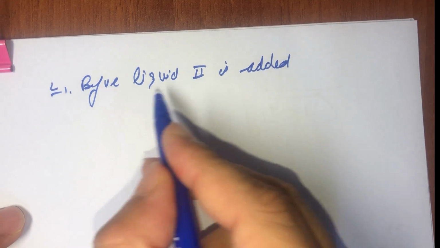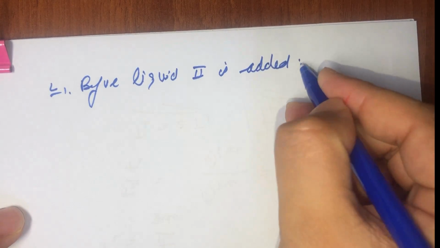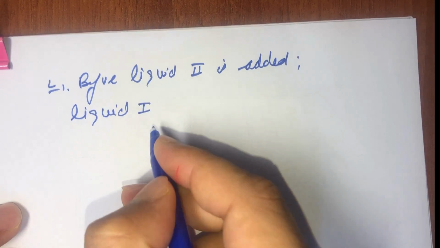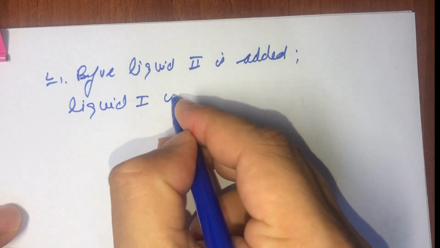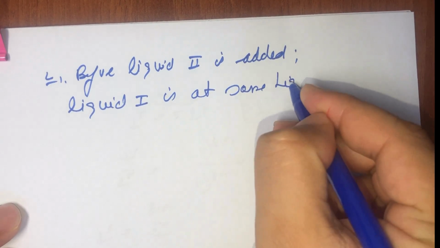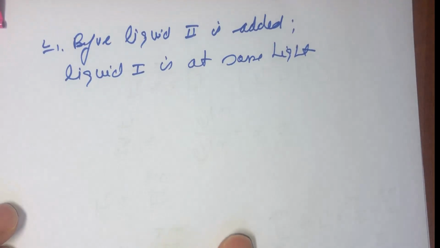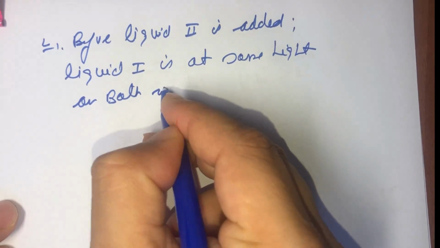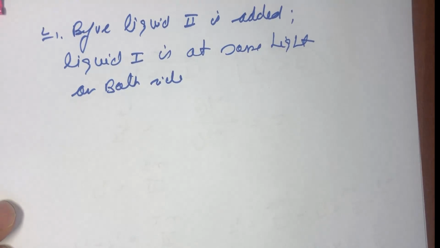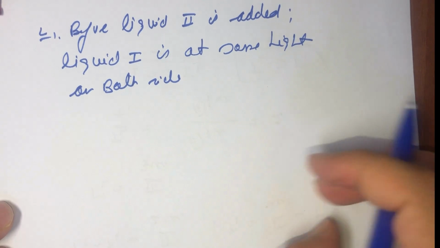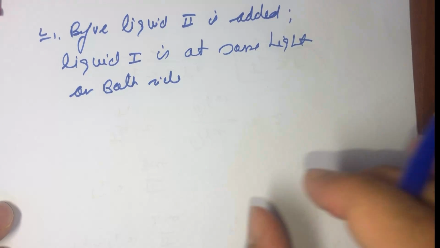Before liquid 2 is added, liquid 1 will be at the same height on the left side as well as on the right side.